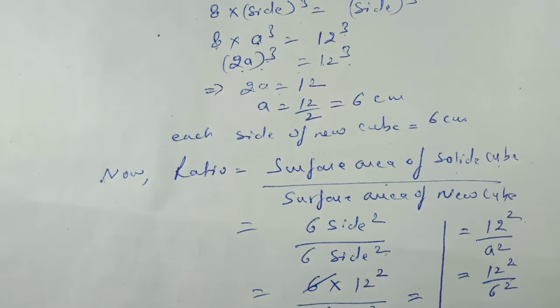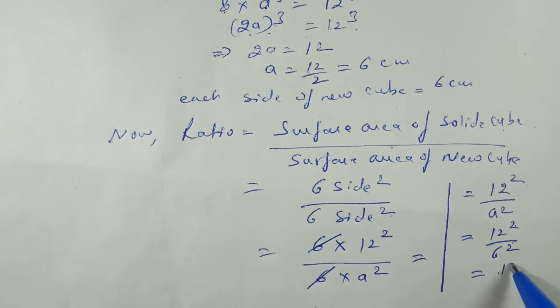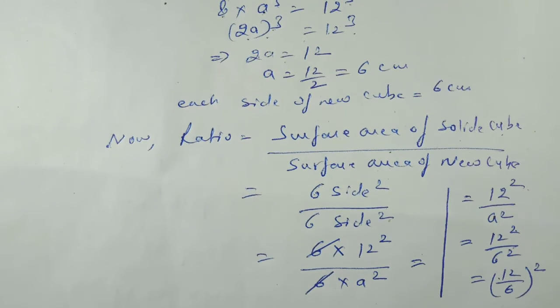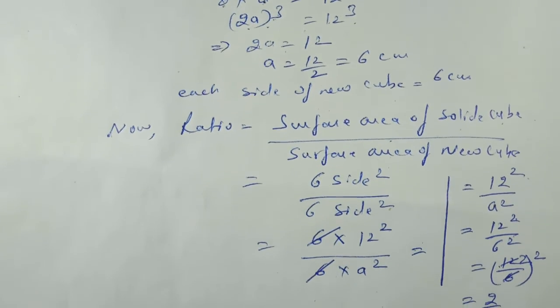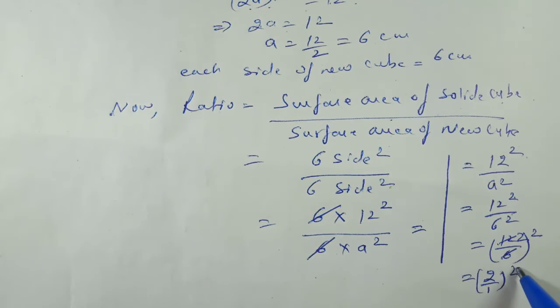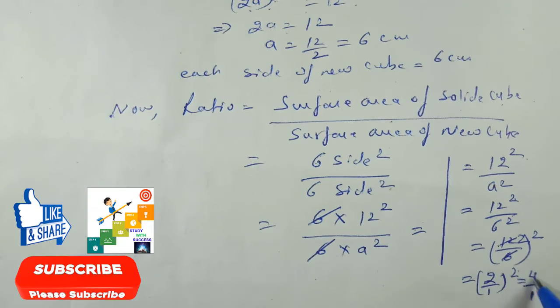So the square we can take at one time, we can write it as 12 upon 6 whole square. So 12 to 6 means 2 upon 1, this will give 2 upon 1 whole square. It means 2 into 2 is 4, and this will be 1. So 4 is to 1.